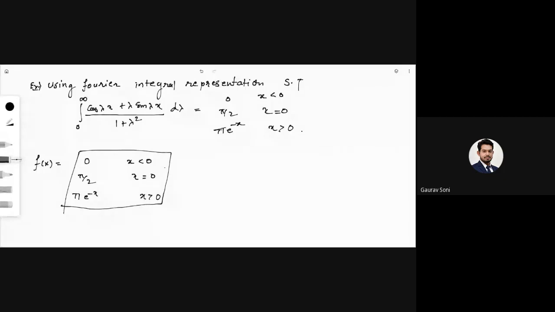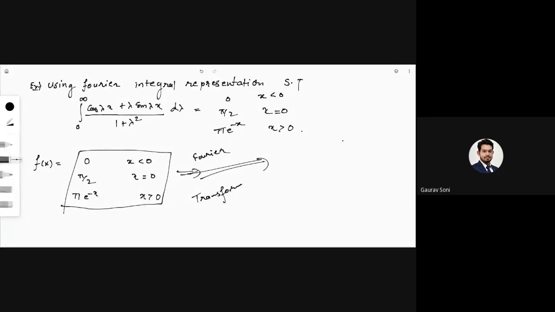So you have to find the Fourier transform of this.